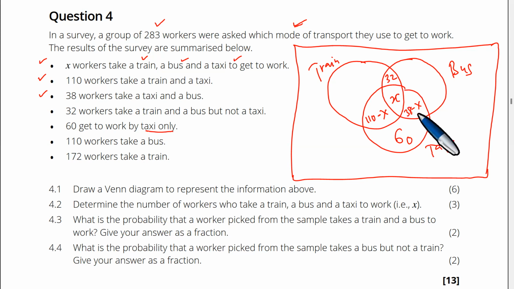That means adding 38 and 32, which gives us 70. So if they give us 70, everything must be 110. So this can only be 40. 70 plus 40 is 110, and that means we are done here. 60, 32, we're done.